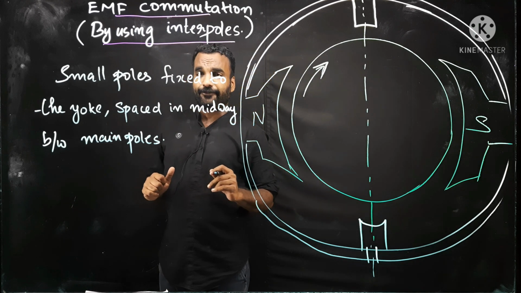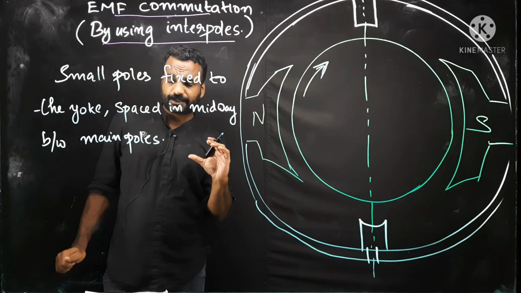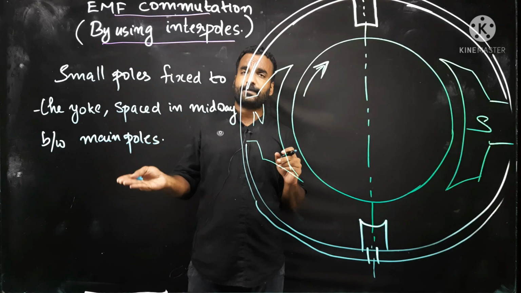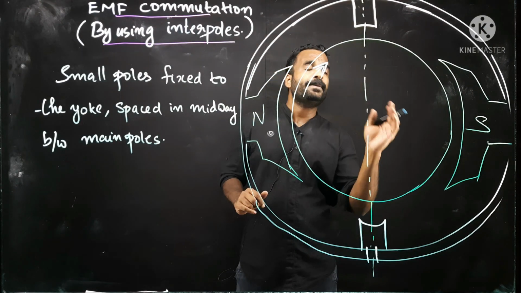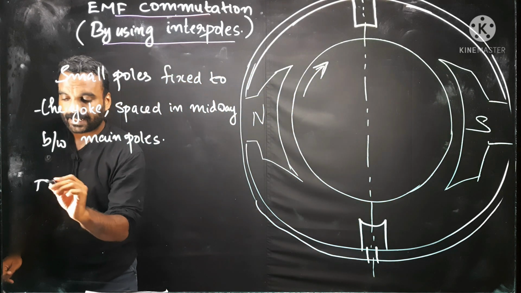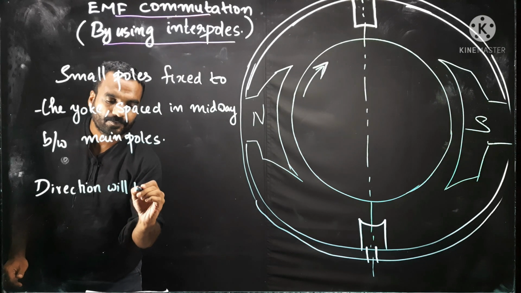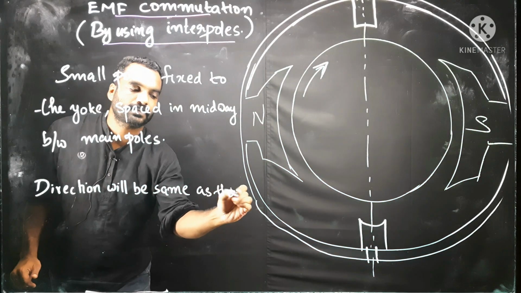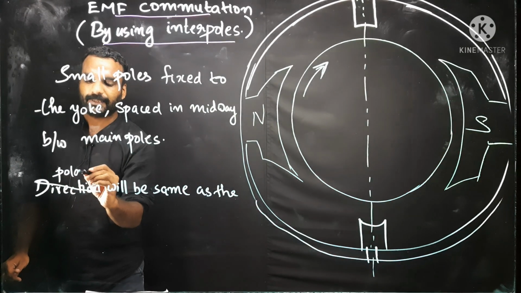Now I will define the direction. You have to write: the direction of interpole is so selected that its direction will be same as the direction of main pole ahead. Not direction, polarity, that is the better word.